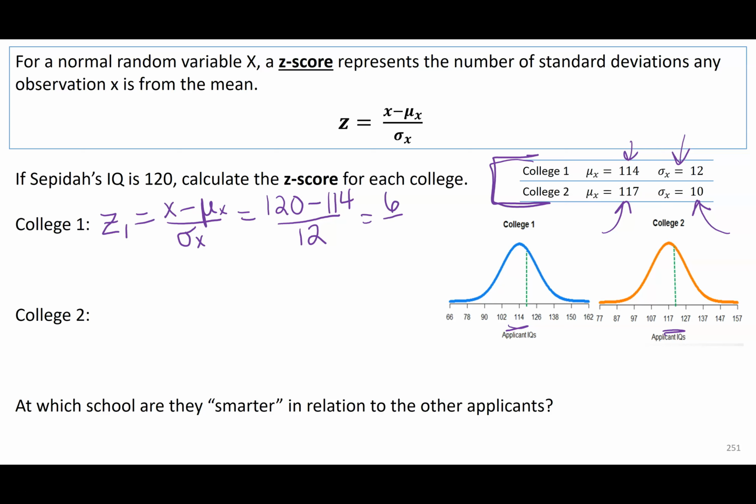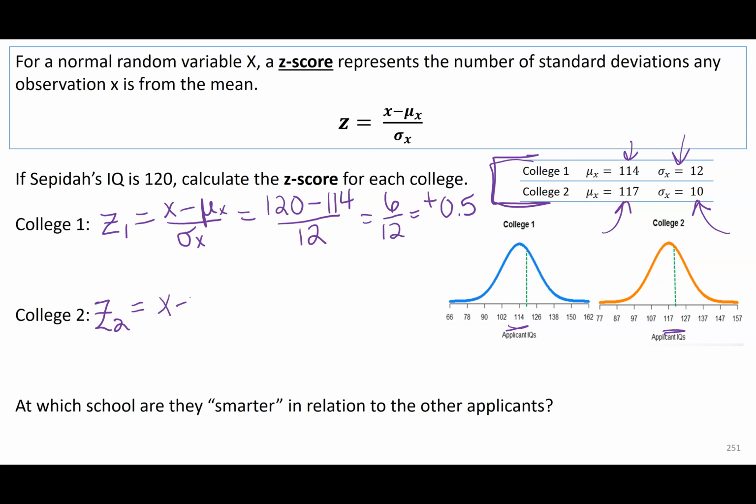So I end up getting 6 over 12. I end up getting, and I'm going to mark this, positive 0.5. So that means they are half of a standard deviation above average at college 1 as far as their IQ score.